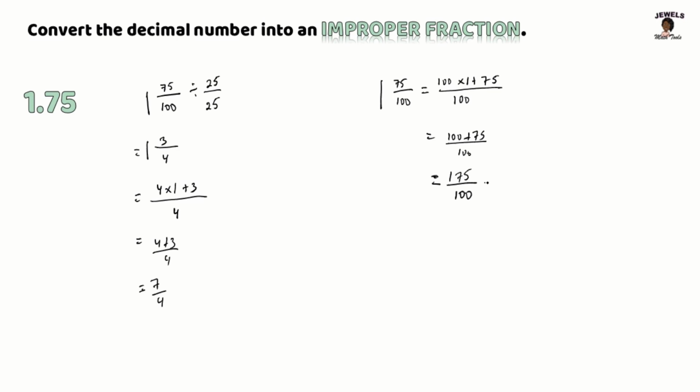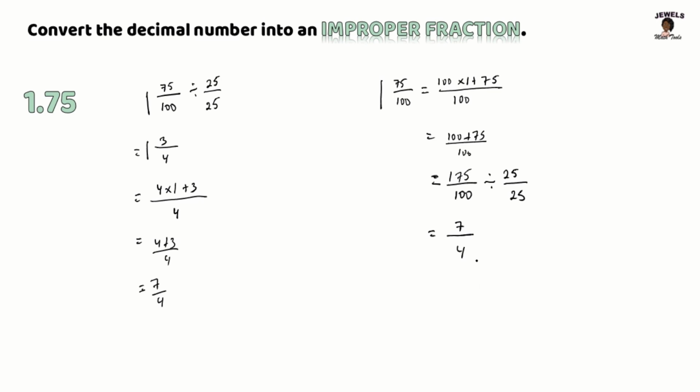So you can reduce at this point, or as I said before, you can reduce afterwards, whichever one works best for you. And again, with both of these numbers, we can divide by 25. So 175 divided by 25 is 7. And 100 divided by 25 is 4.